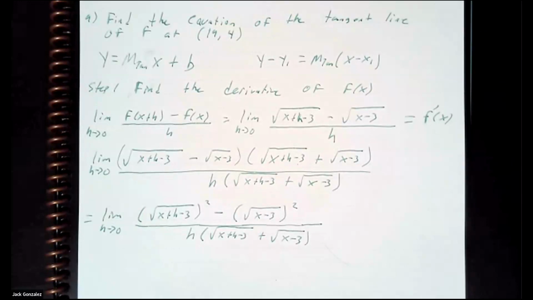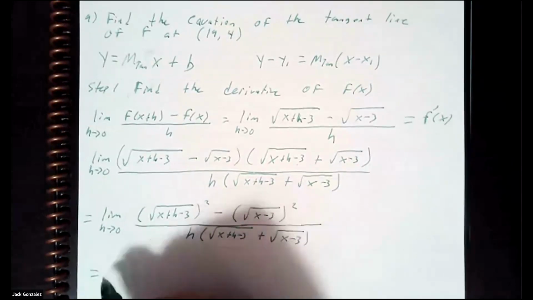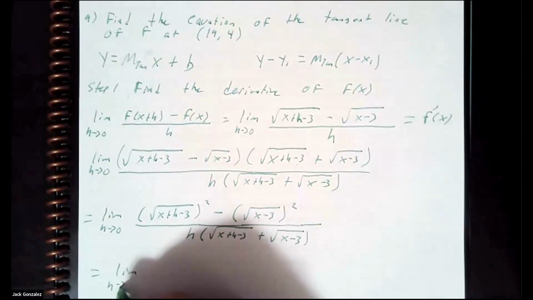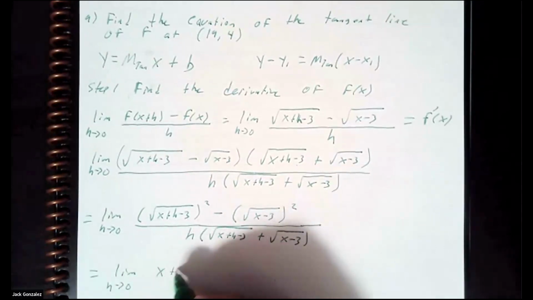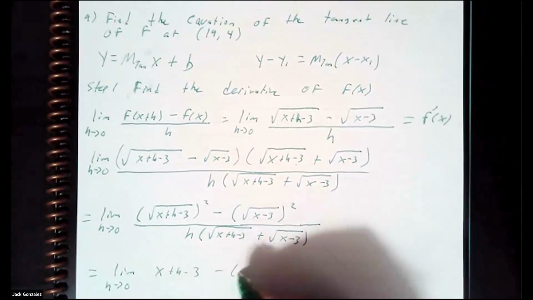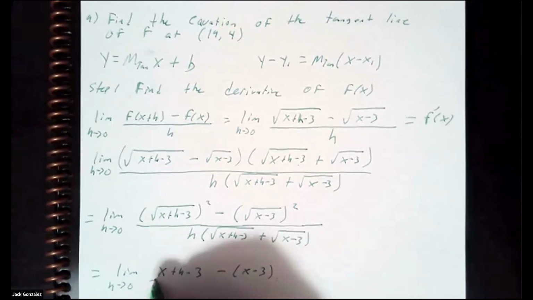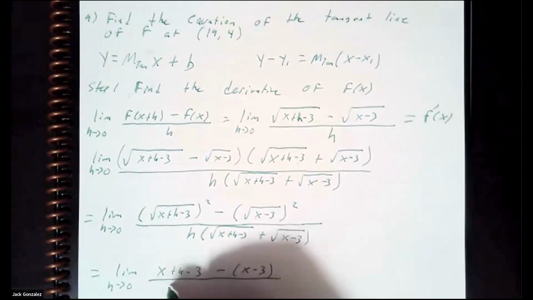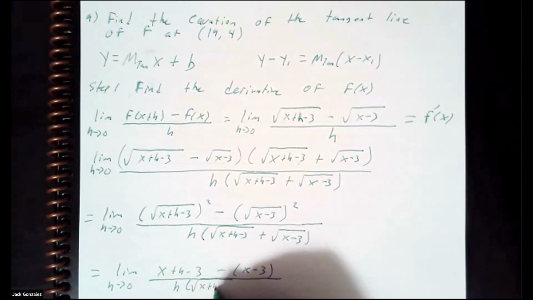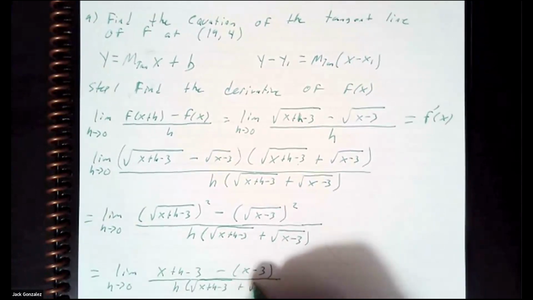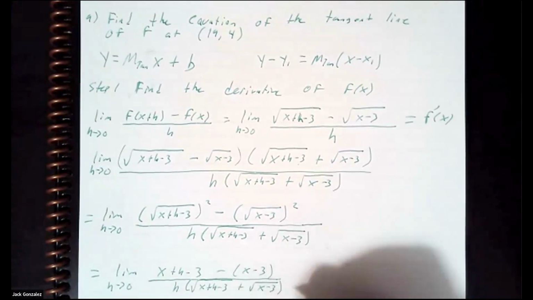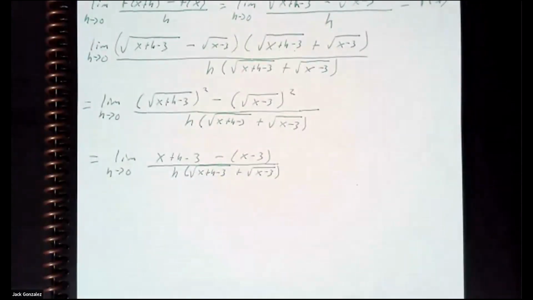So when you square them, you end up with the limit as h goes to 0 of x plus h minus 3 minus x minus 3 over this garbage. So it appears that the h's will cancel, right?